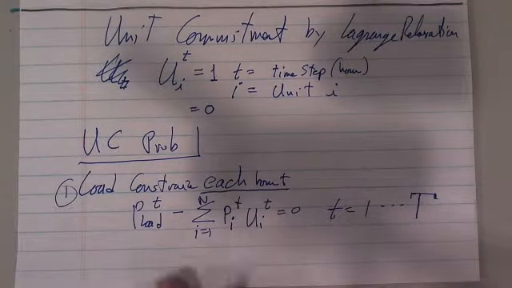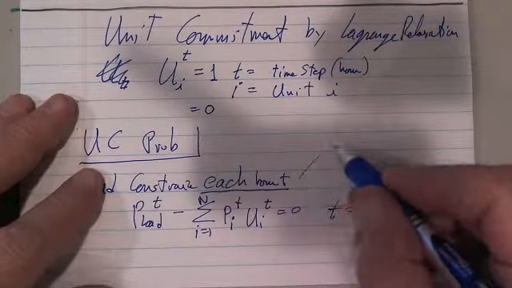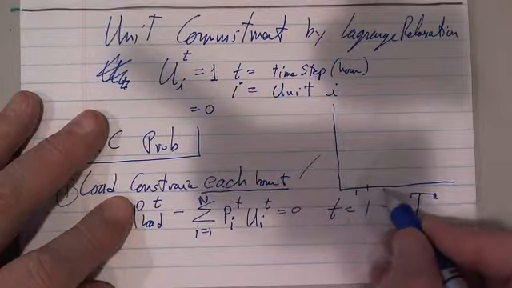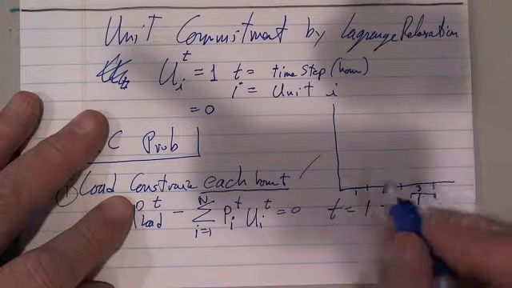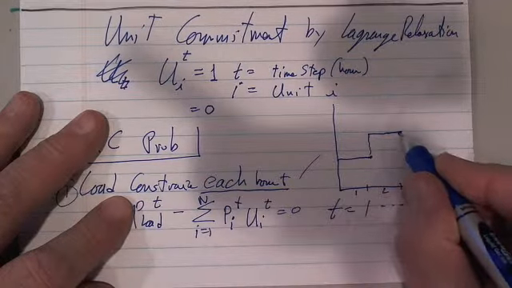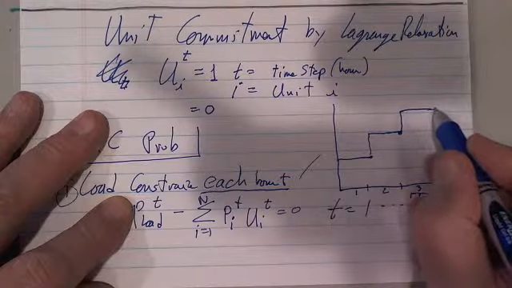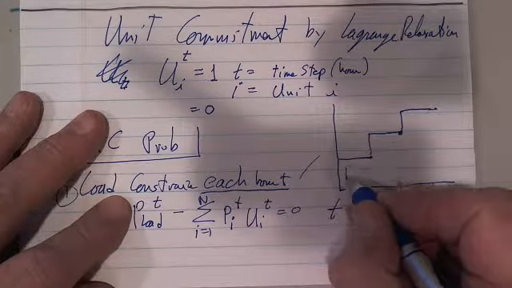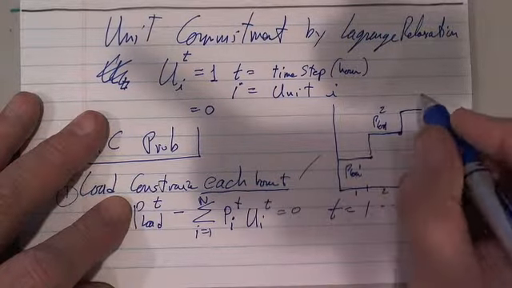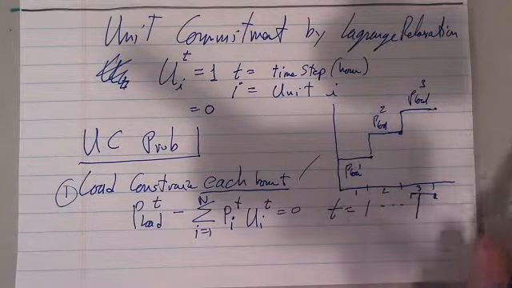Now that's basic. Every hour we're going to meet the load. Here's hour 1, 2, 3, and there's a value of load for each hour. Let's say here's the load and it's going up: P load 1, P load 2, P load 3, and it can go up and down and up and down.